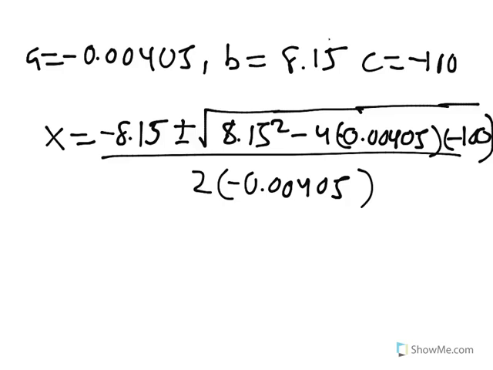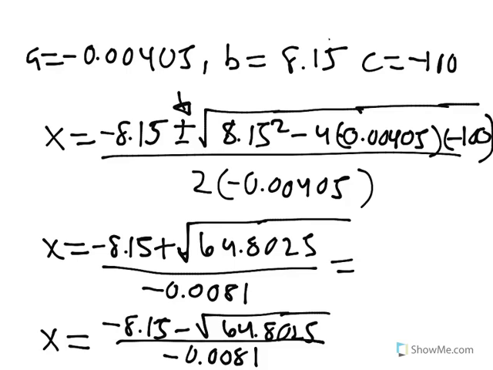And we can see we get two solutions from this plus or minus right here. So x is going to be one number and then another number. You can separate it into two solutions. The first solution is going to be the plus, the second solution is going to be the minus.